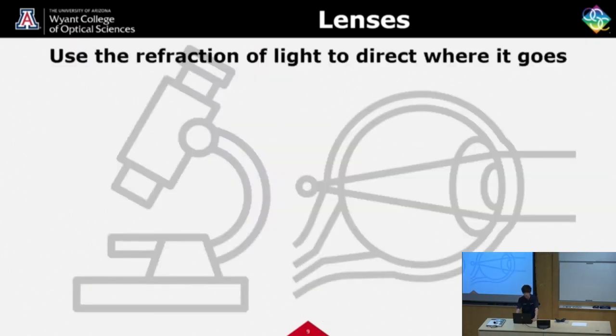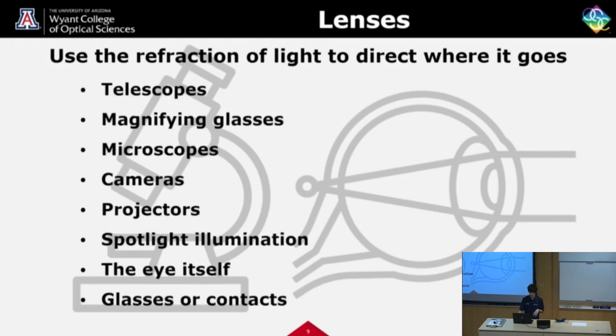The big idea is that this is very useful in many different applications where we're redirecting light. For example, a telescope is taking light from deep into space and redirecting where this light is going in order for us to see it with our human eye.